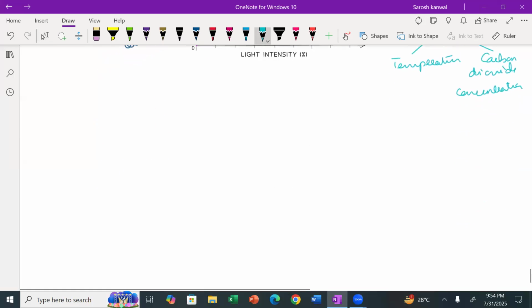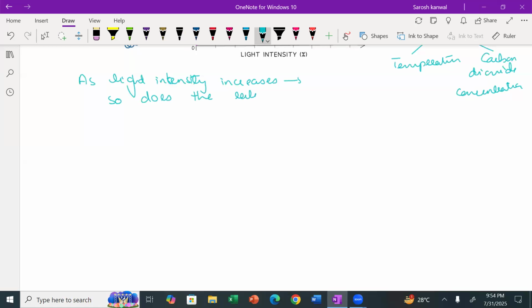So we can sum this up by saying that as light intensity increases, so does the rate of photosynthesis.